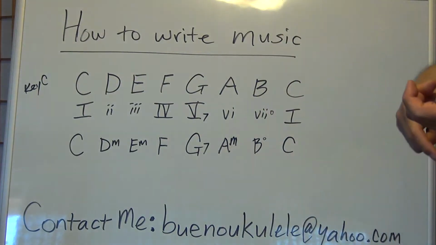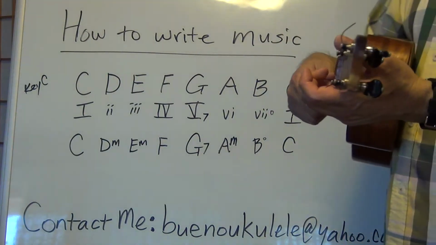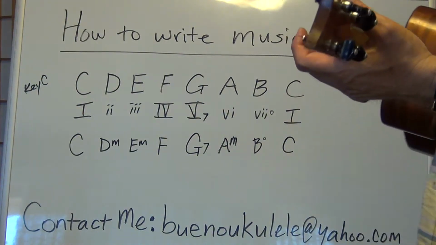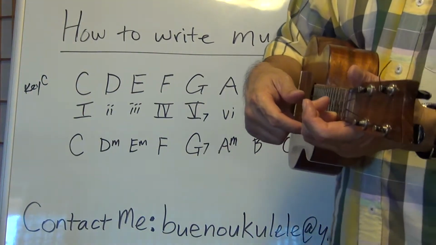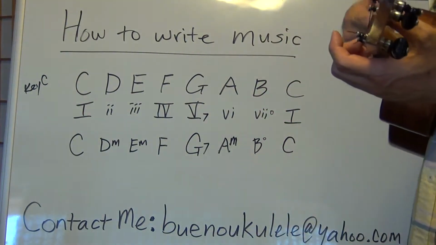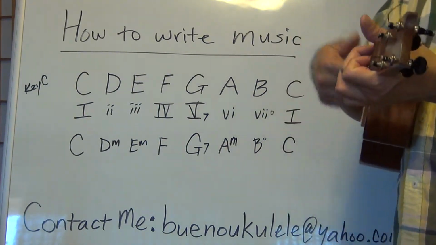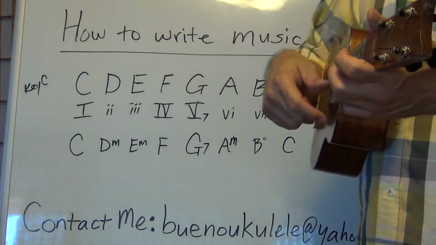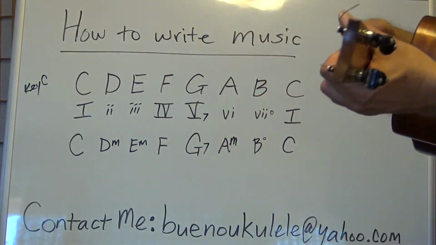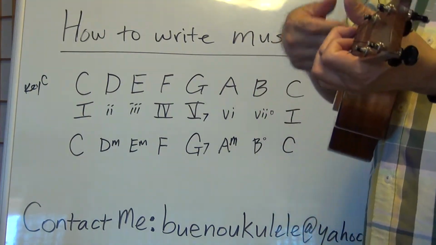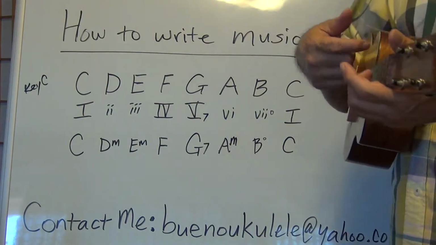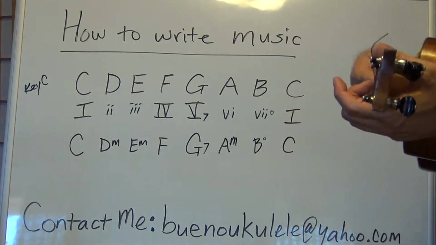Okay? Then maybe you're thinking, now maybe I want to change it a little for the chorus. So you're playing the C, the G7, and F for your verses, C, G7, F, to C. Then for the chorus, maybe let's say you want to put in an A minor.